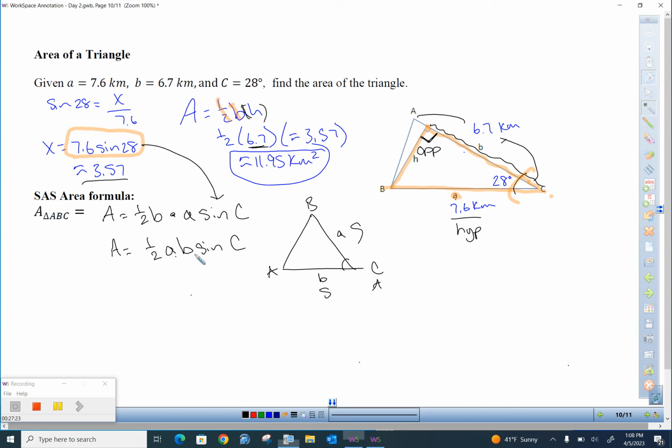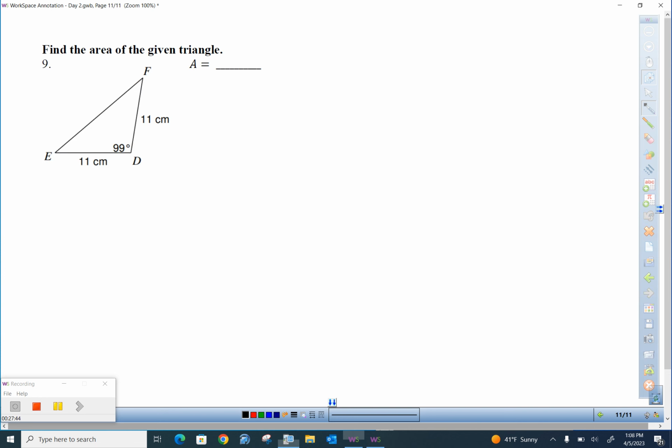So on this next one, all we have to check for is whether it's side angle side. Do I have two sides and the angle between them? It has to be the angle in between. Remember from geometry, that's called the included angle. And if so, then I just have to use this formula.